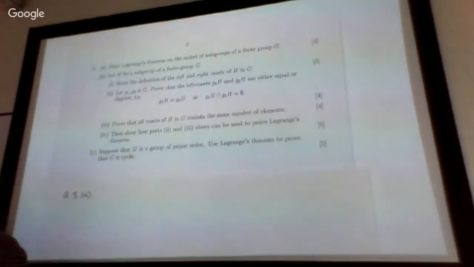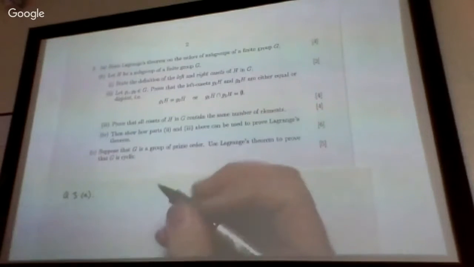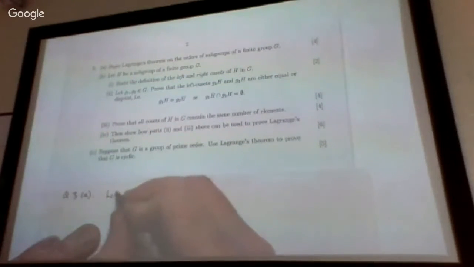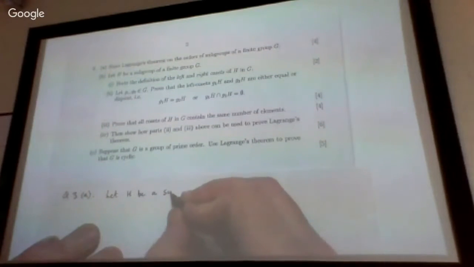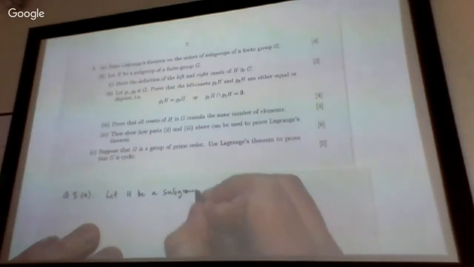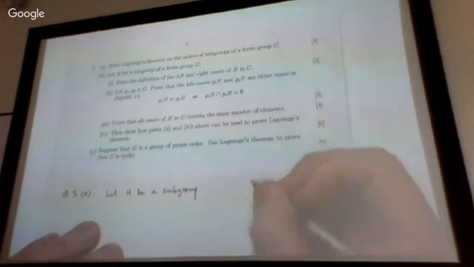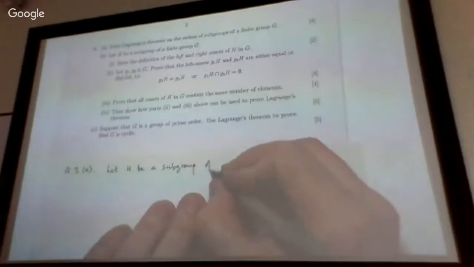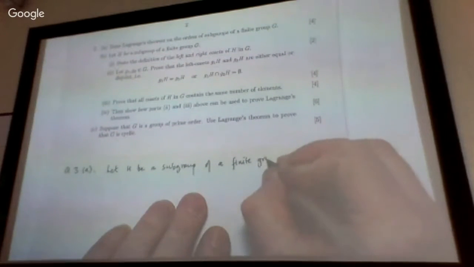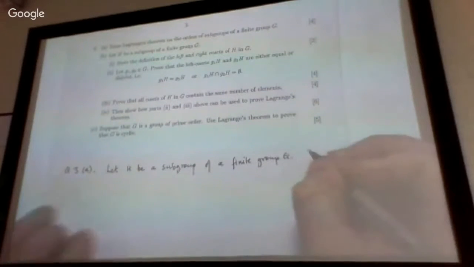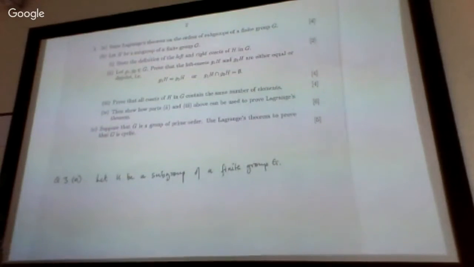Take Lagrange's theorem on the orders of subgroups of a finite group. There's already quite a bit of prompting in the question. How would you state this? Say that H be a subgroup of a finite group G. Can you all remember what the statement is?